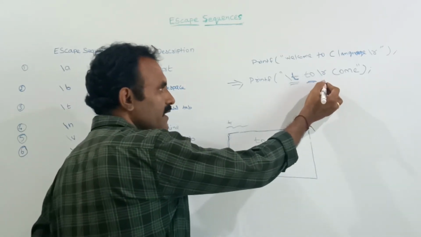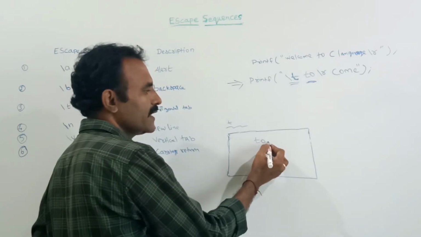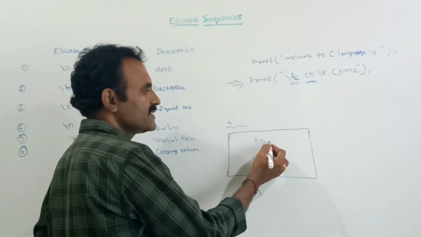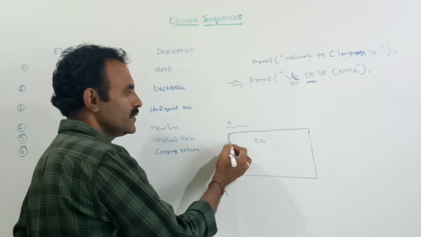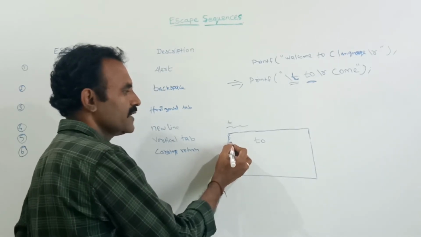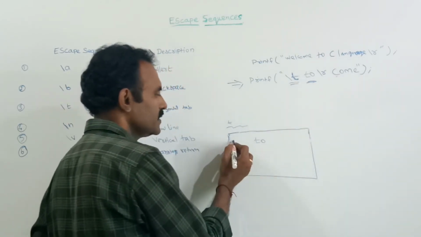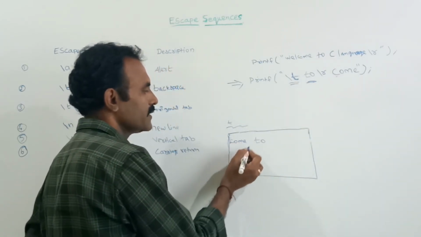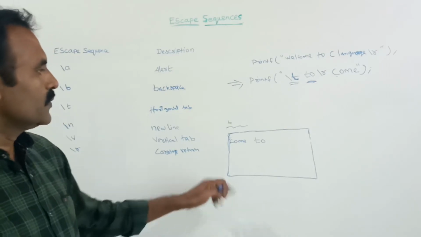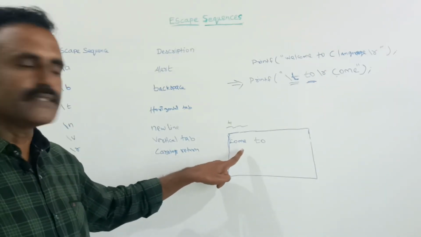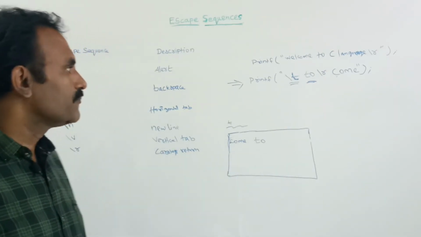So from here the cursor will come to the current line, and \r means it will automatically go to the very first position of the current line. So next I am telling it to print "come". This "come" will be printed here, over the text, so it shows "come" followed by the rest. So the text will be printed like this on the display screen.